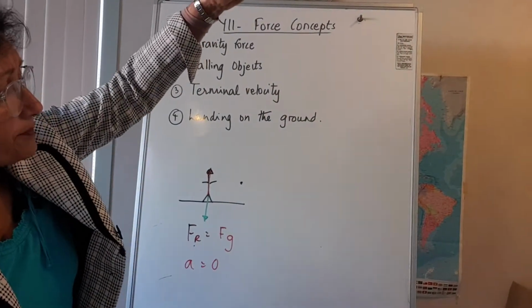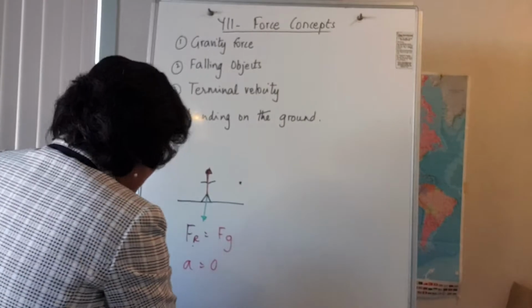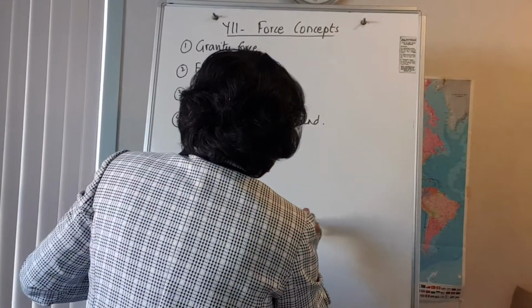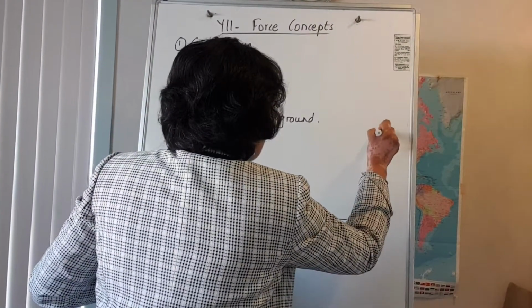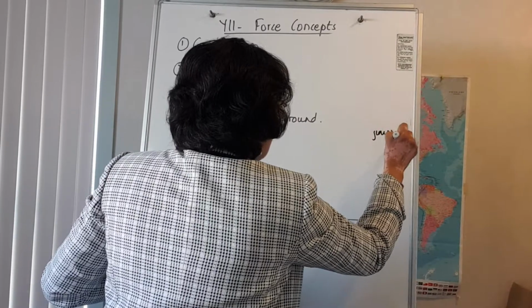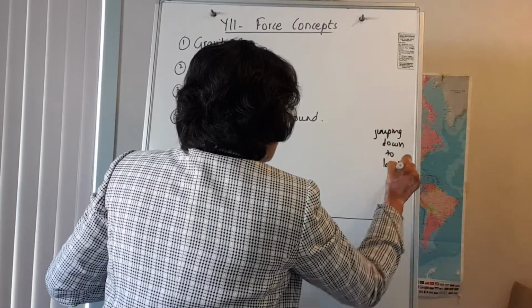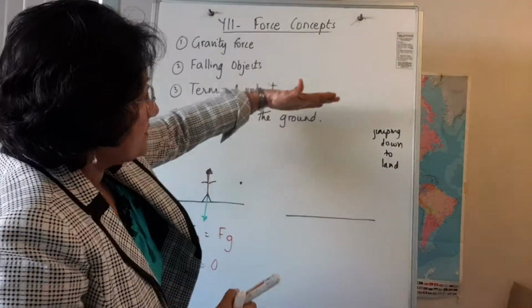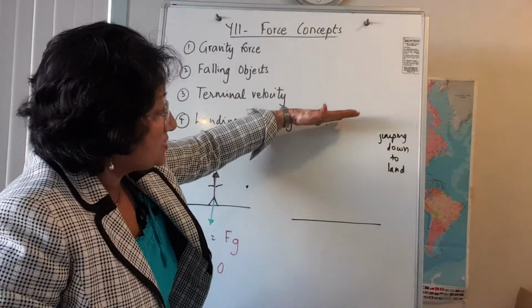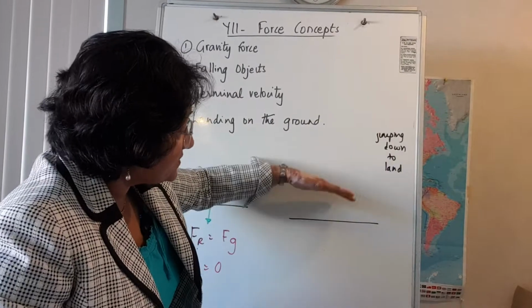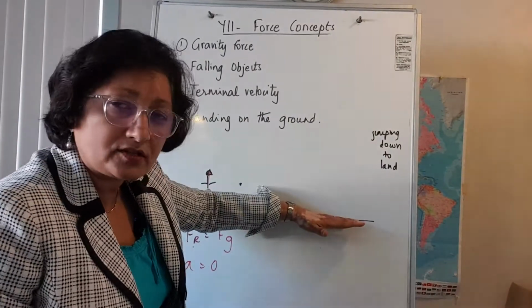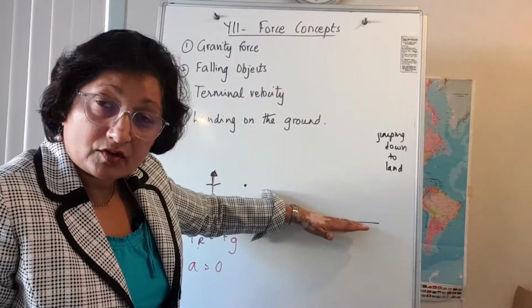However, if you're jumping from a height and landing on the ground, so this is jumping down, you're landing on the ground. What's actually happening is you're coming really fast, okay, and you're getting faster and faster, the acceleration's downwards, but the moment you land on the ground, you have to come to a halt.